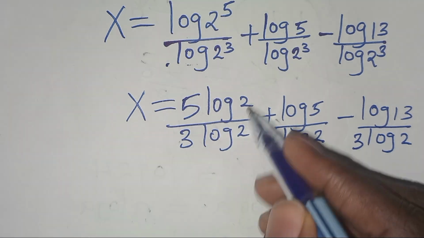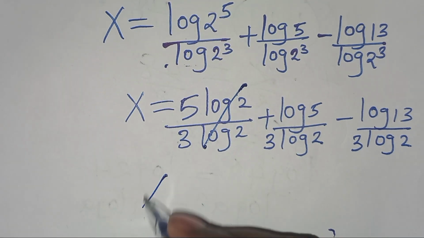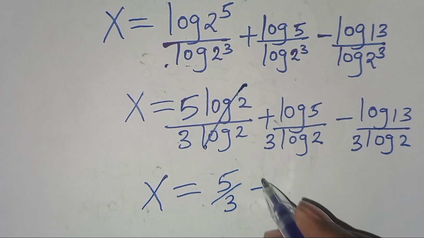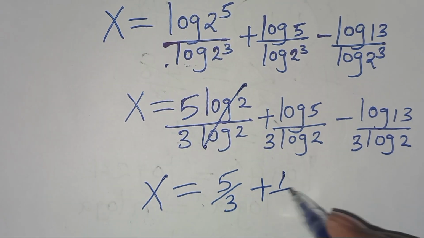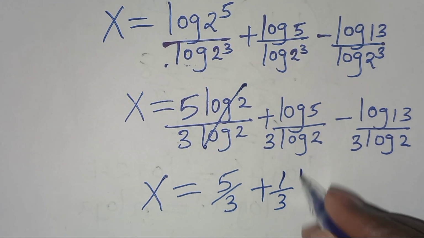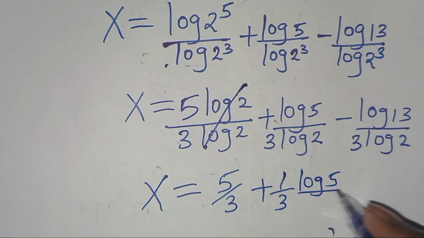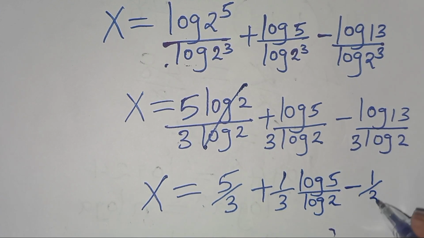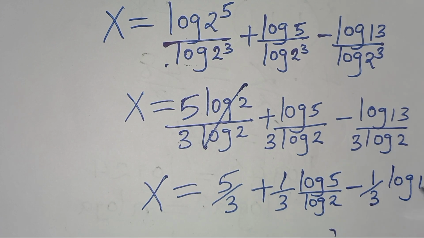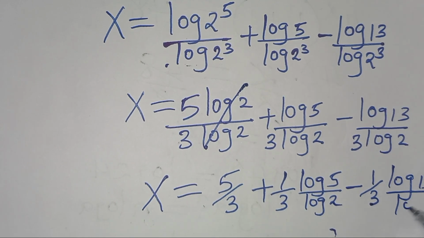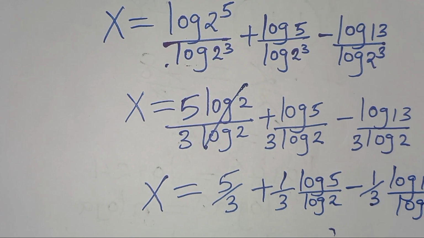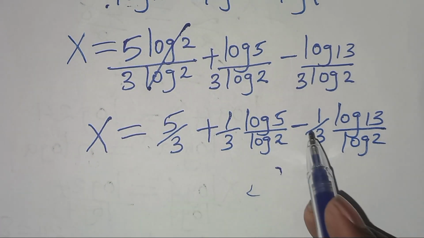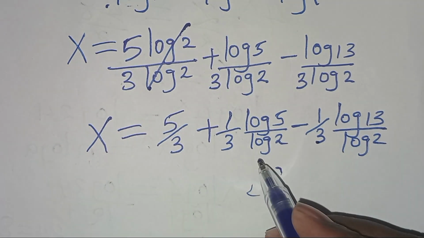Let's simplify here. Log 2 and log 2 simplifies, so that now x is equal to 5 over 3 plus 1 over 3 log 5 divided by log 2, subtract 1 over 3 log 13 divided by log 2. So now from here, we have log 5 divided by log 2.